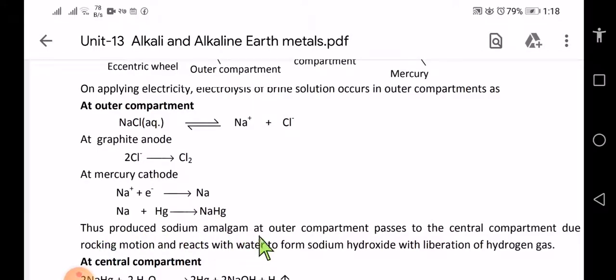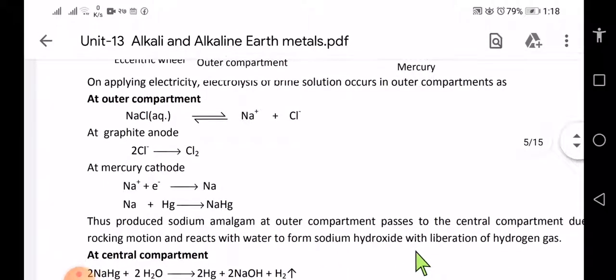The sodium amalgam produced in the outer compartments passes to the central compartment due to the rocking motion of the eccentric wheel and reacts with water to form sodium hydroxide with liberation of hydrogen gas.